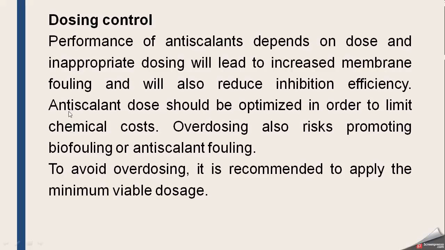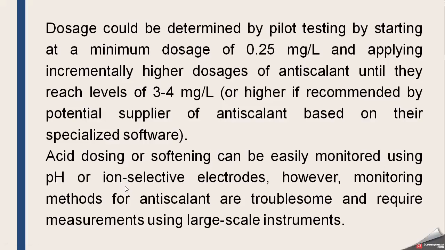So antiscalant dose should be optimized in order to limit not only the chemical cost but also for proper performance. To avoid overdosing, it is recommended to apply the minimum viable dose. So we have to start with a very minimum dose. When we perform testing, we should start from the lowest side, not the other side.